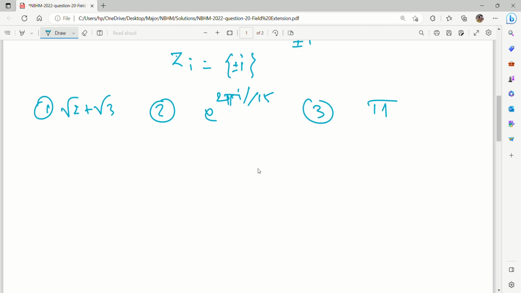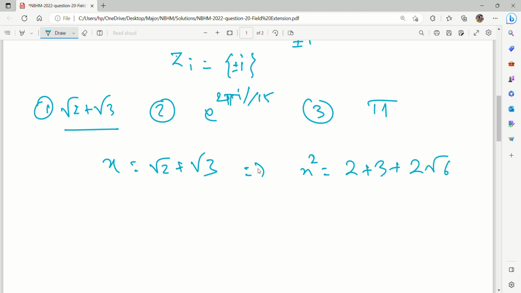So it's basically a degree of field extension problem. What is the degree of field extension for root 2 plus root 3? It's quite simple: we take x equal to root 2 plus root 3. This implies x square equals 2 plus 3 plus 2 root 6.